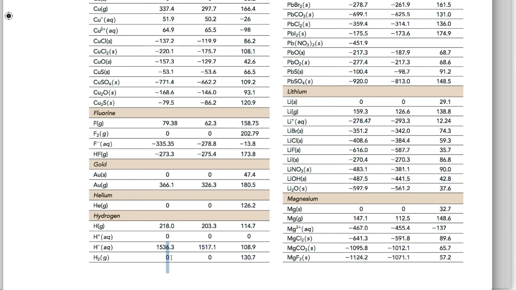And it turns out that that's no coincidence. In fact, we could have predicted, even without looking at the table, that the standard heat of formation for H2 gas would be 0. I will explain how we could have predicted that this heat of formation is 0 in the next video in this series.